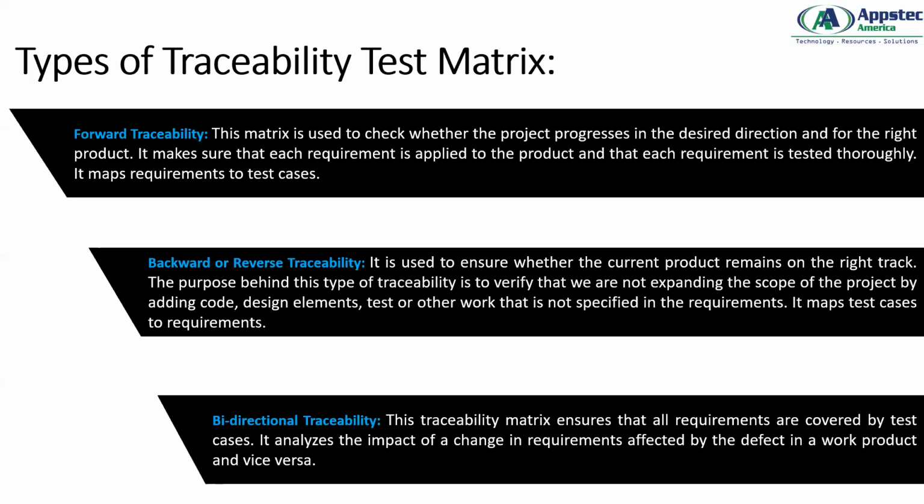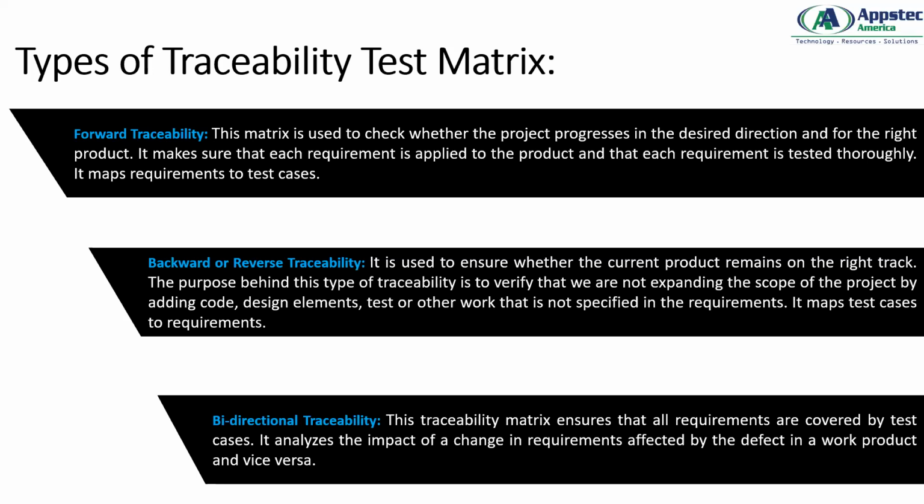As I said, the backward or reverse traceability is not that prominent in RPA, because generally we don't tend to expand the scope of the project, since it remains not that complex compared to application development, where you have to take care of a lot of stuff. But it's not that you don't have to take care of a lot of stuff in RPA development. You do.